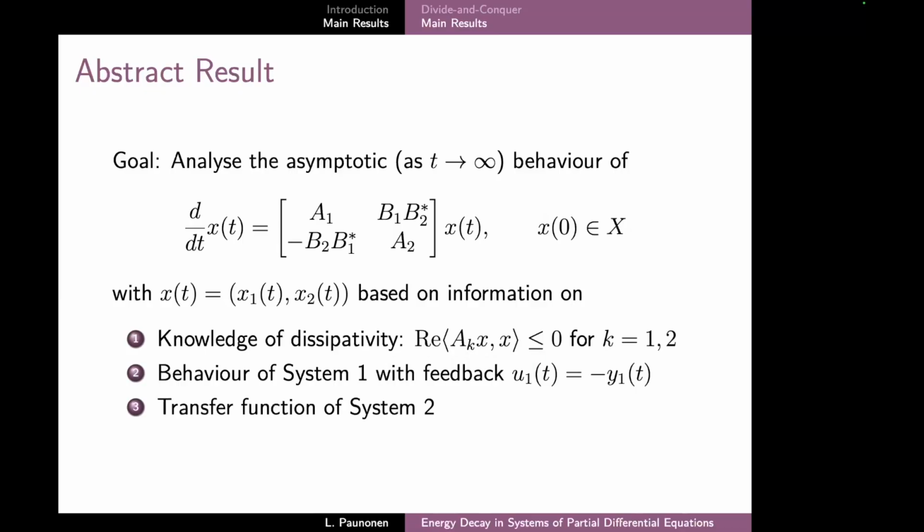And dissipativity is a condition which is a very useful one and very well understood in the setting of abstract differential equations, and this leads to very nice theory for us as well.